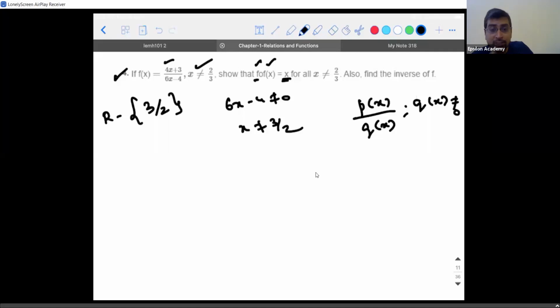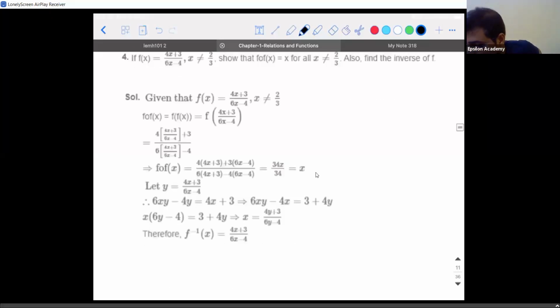Identity function is okay, but in this question, it is not f circle g or g circle f. It is f circle f. Means they are trying to say that the given function is the inverse of itself. If I am not wrong, the answer should have been 4x plus 3 by 6x minus 4.